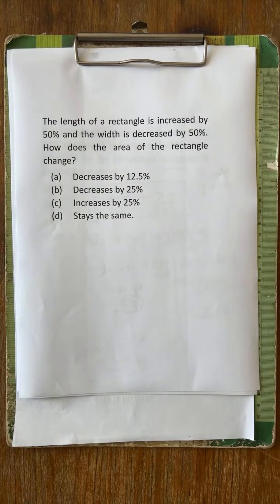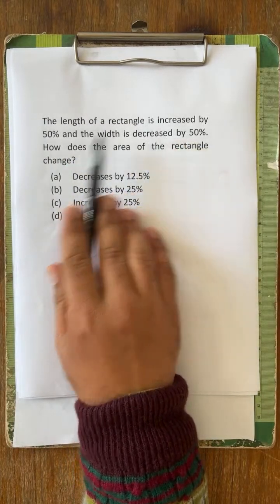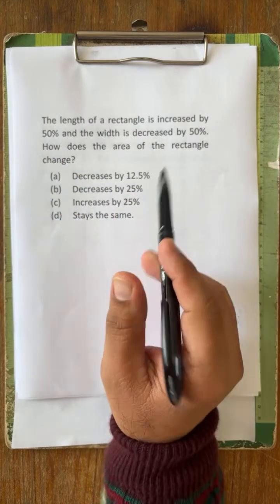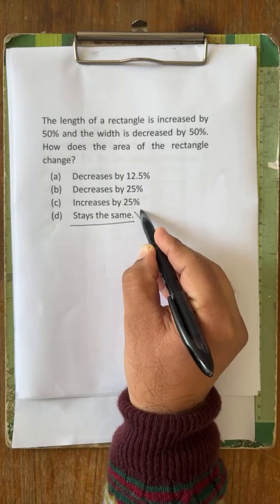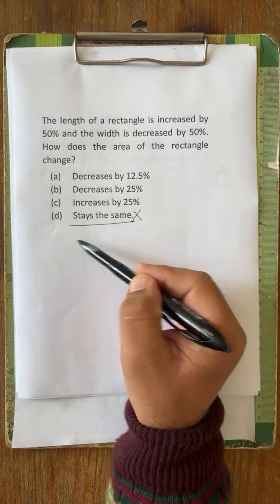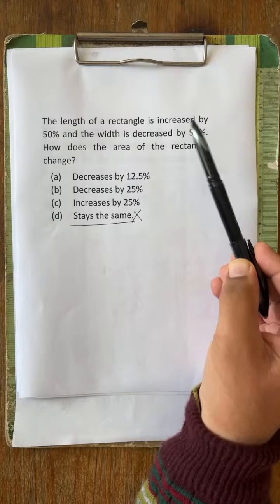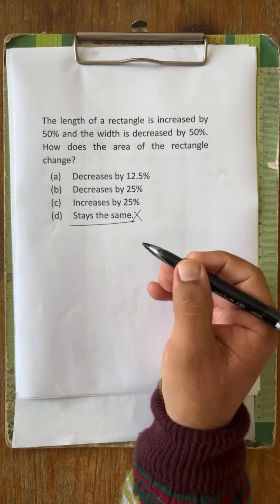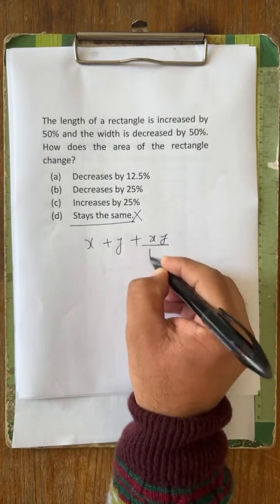Now if the length of rectangle is increased by 50% and width is decreased by 50%, how does the area of rectangle change? Now be careful, do not mark stay the same. Most of the students mark staying the same because they have given increased by 50% and decreased by 50%. So let us do it by the same formula, x plus y plus xy upon 100.